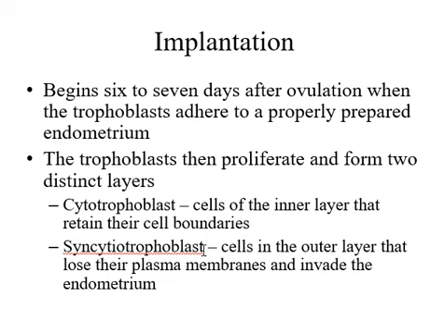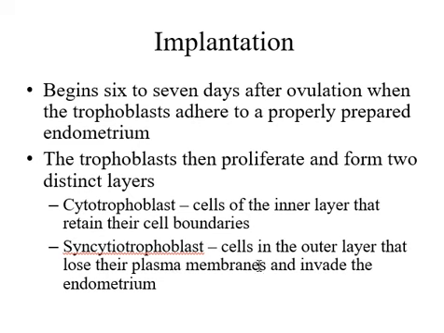You must remember the differentiation between them. The cytotrophoblast is the inner layer, this is the outer layer. This is a mononucleated cell layer, this is a multinucleated cell layer. In the cytotrophoblast, cell boundaries are clearly visible, and in the syncytiotrophoblast the cell boundaries are not clearly visible.